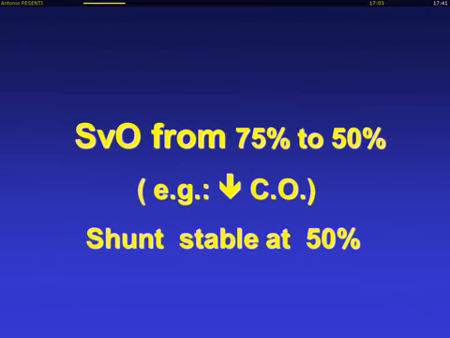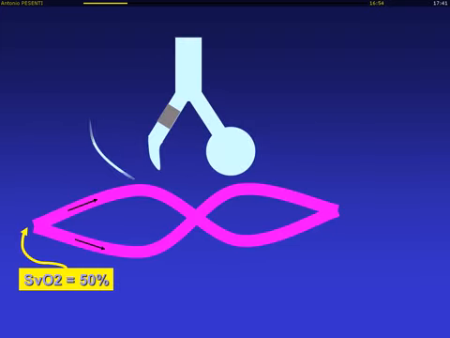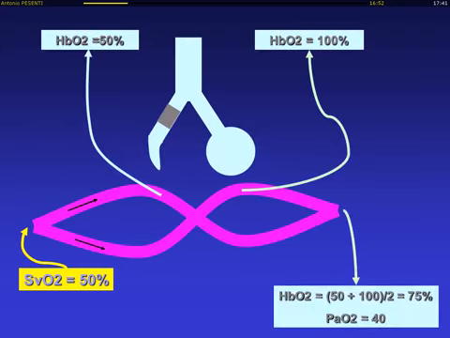If we now decrease cardiac output and mixed venous saturation goes to 50%, and the anatomical shunt is still 50%, now the mixture becomes between 100% and 50%, not 100% and 75%. So arterial saturation will now be 75%, and the arterial PO2 will be 40.